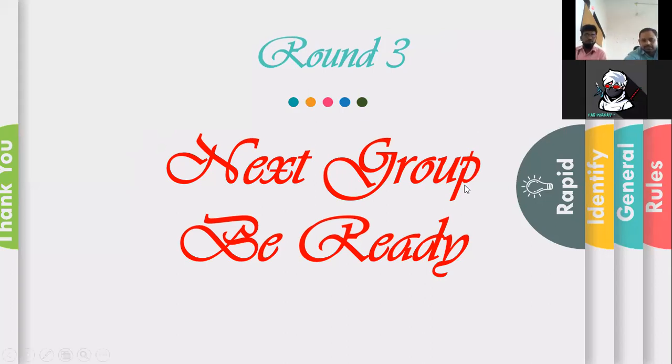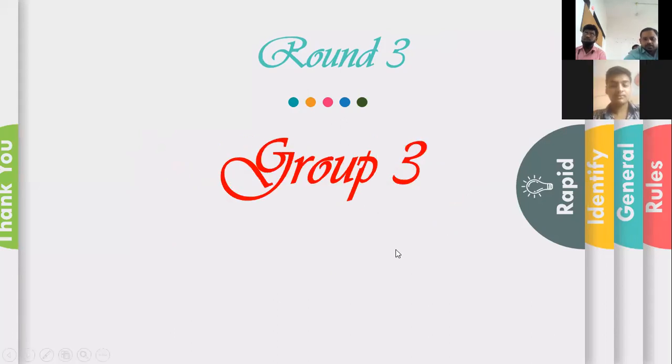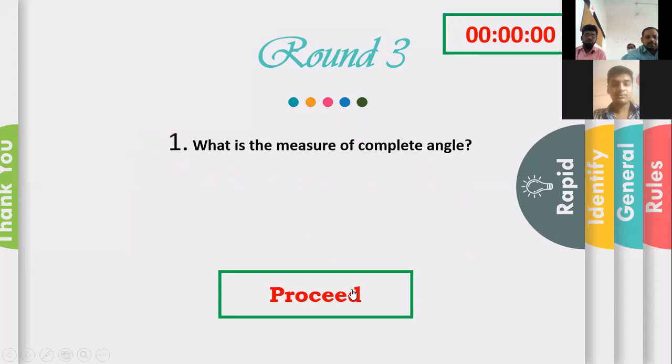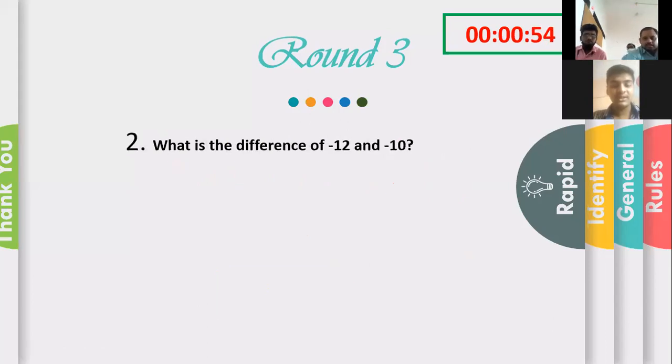Your first question is. What is the measure of a complete angle? 360 degree. Okay, correct. What is the difference of minus 12 and minus 10? Minus 2. Correct.